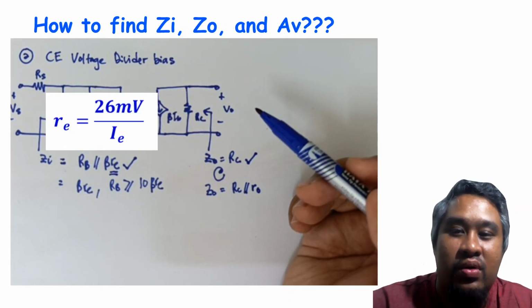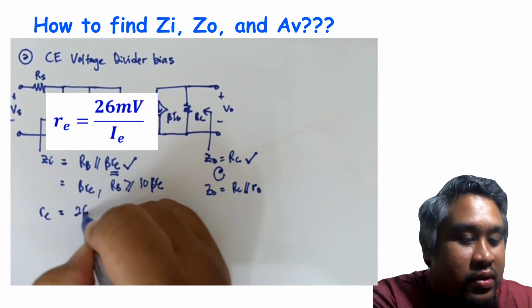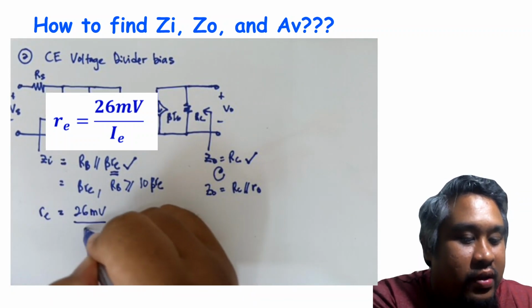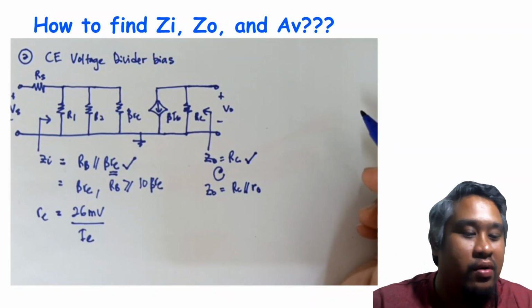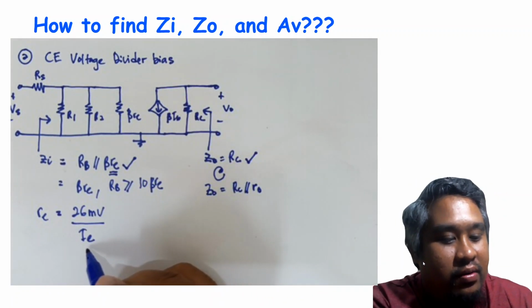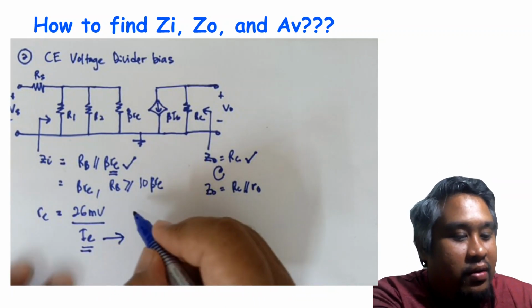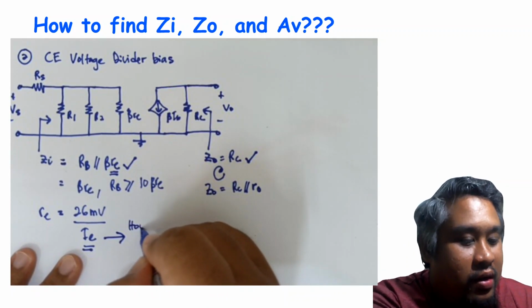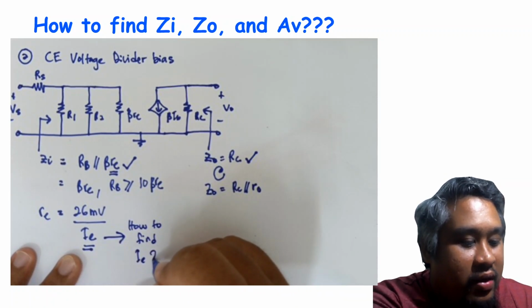You have to remember RE equals 26 millivolts over IE. How do we find this IE?